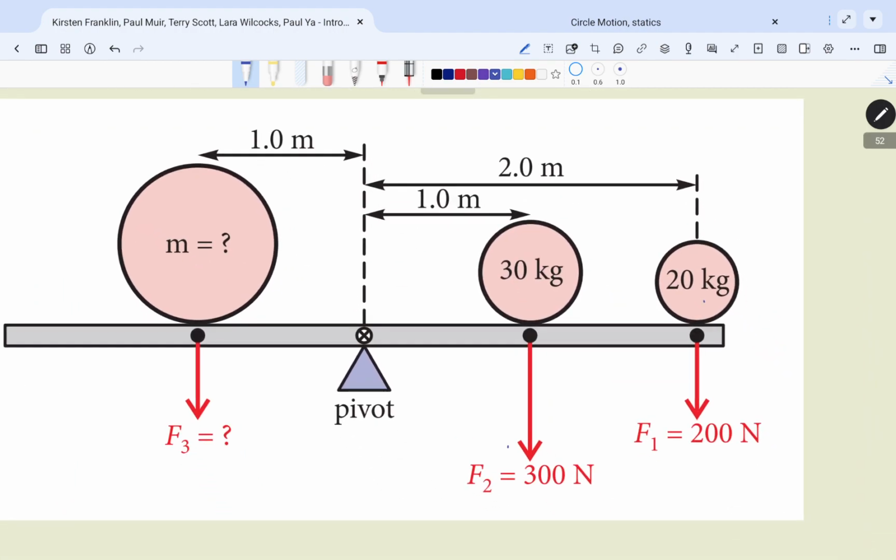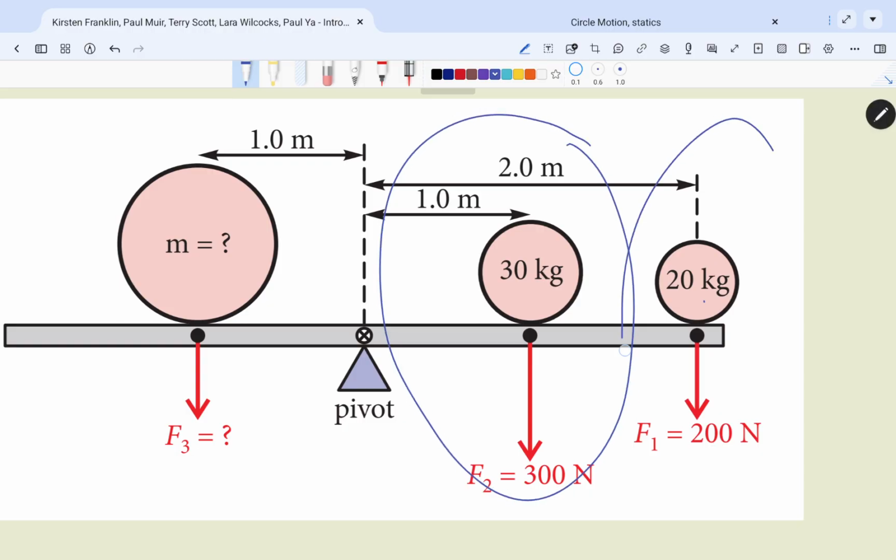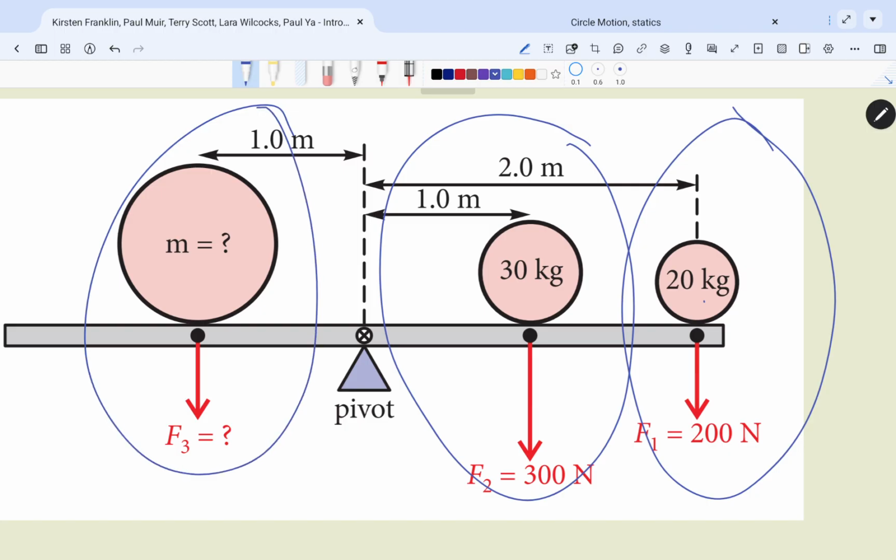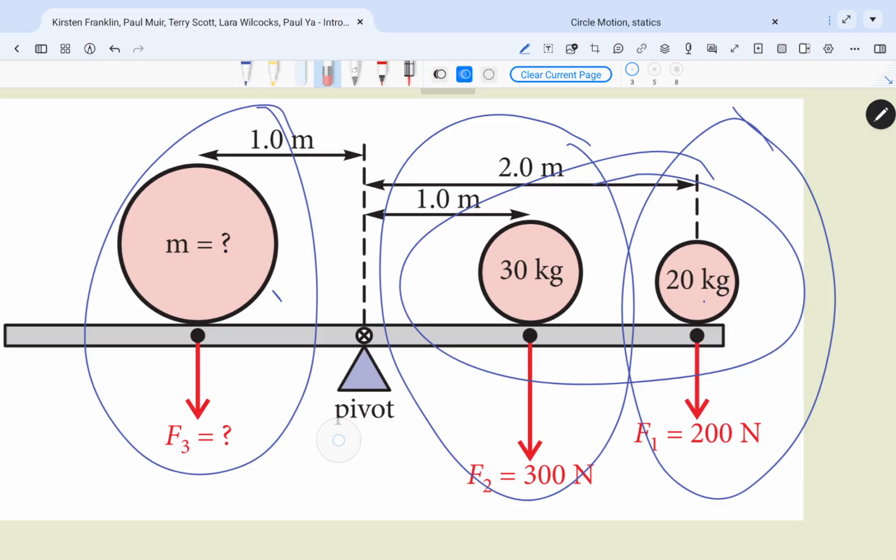Okay, let's get started. Remember what we just learned? The clockwise and counterclockwise torques are the same. So we have this torque and this torque, and they have to be equal to this torque. Otherwise, these are called moments. So the sum of these two moments has to equal the moment on the left.